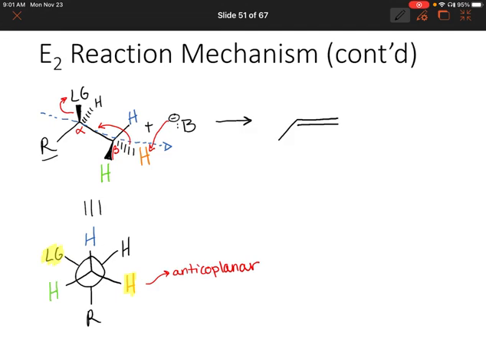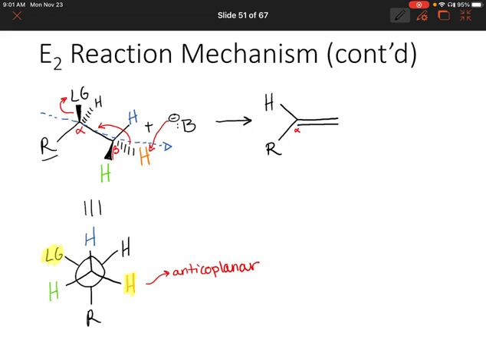So initially, we have this alkene that's shown in the products. And let's also show all of the hydrogens, just to see where they end up. On the alpha carbon, which is the one to the left, we have just a regular hydrogen there.